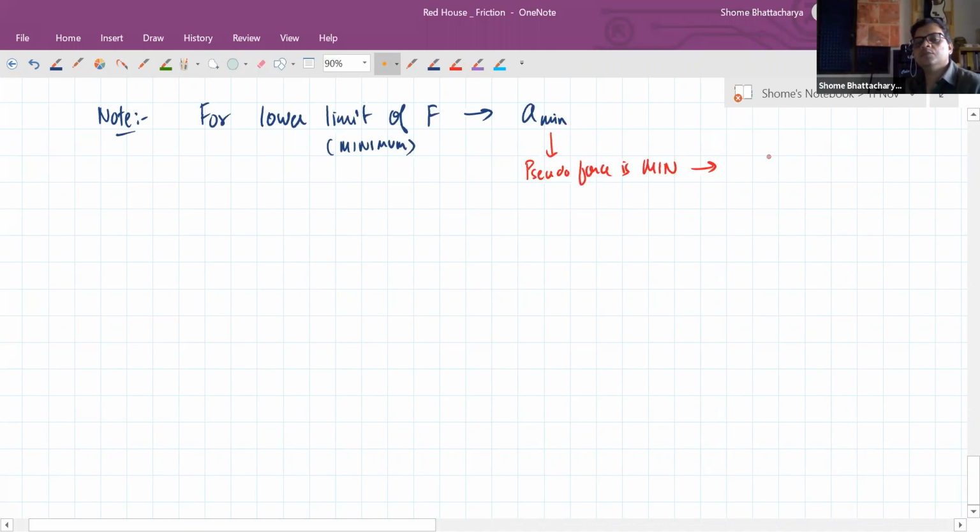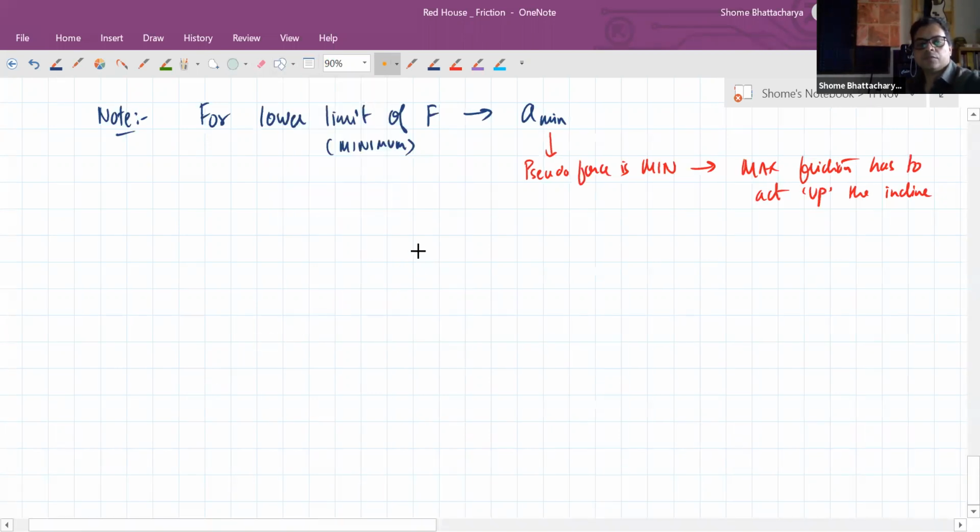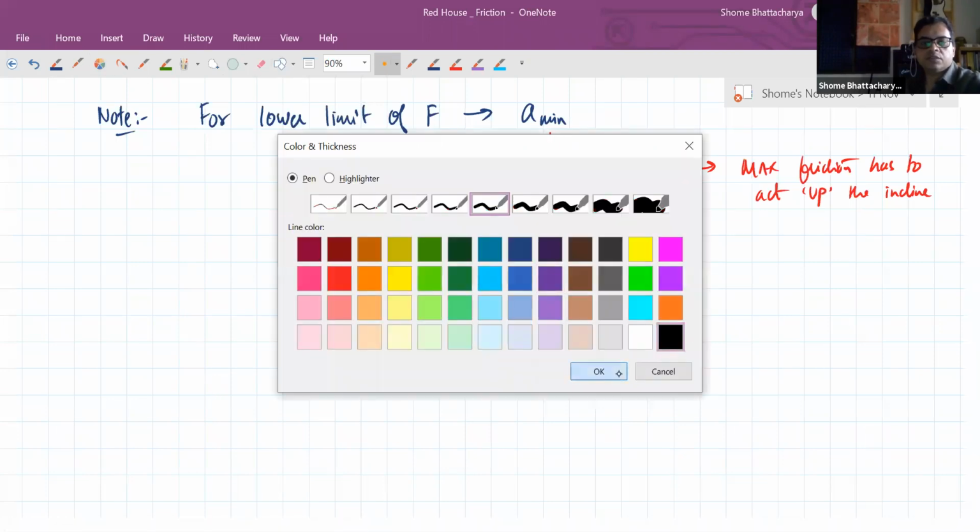So in order to help the pseudo force, maximum friction has to act up the incline, because obviously your pseudo force is short. So which force is dominating? The mg sin theta component is the one which is dominating.